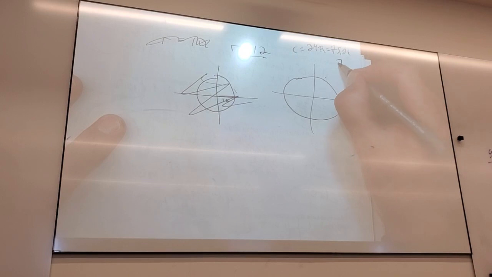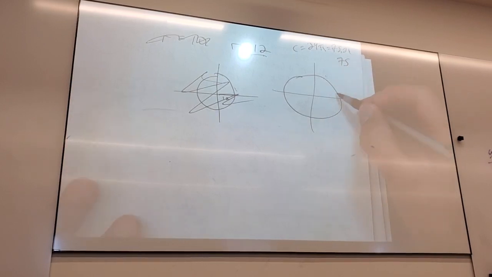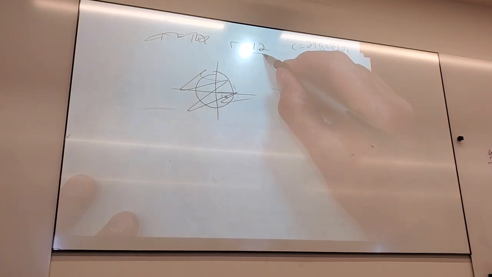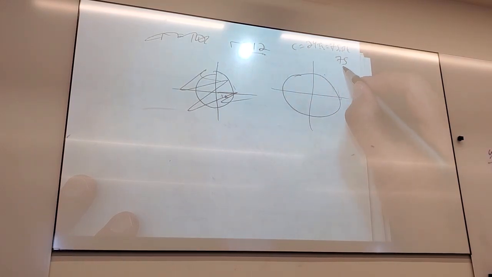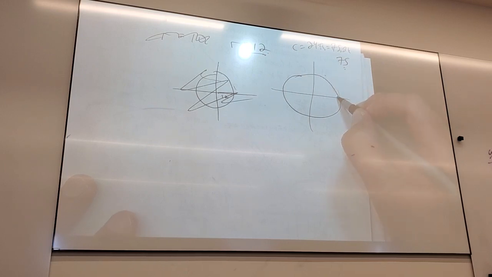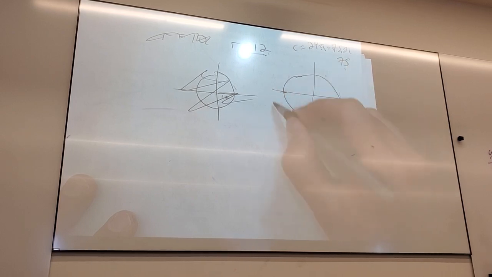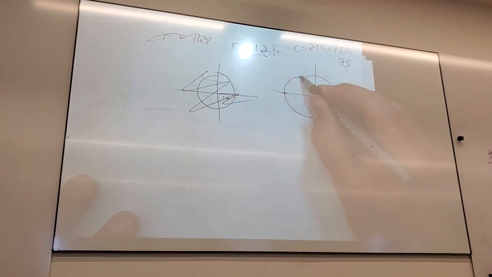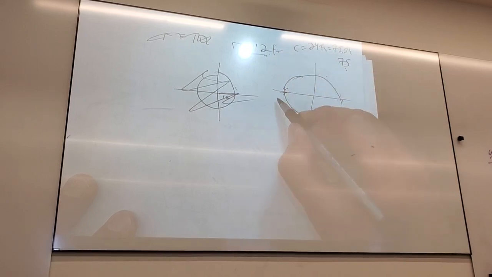So we're just going to make that 75. So all the way around is 75. If I go 1 radian, that's going to be 12 out of 75, correct? So let's do this. How far would this be? The whole way is 75. Let's say this is feet. How many feet would that be? So go here.